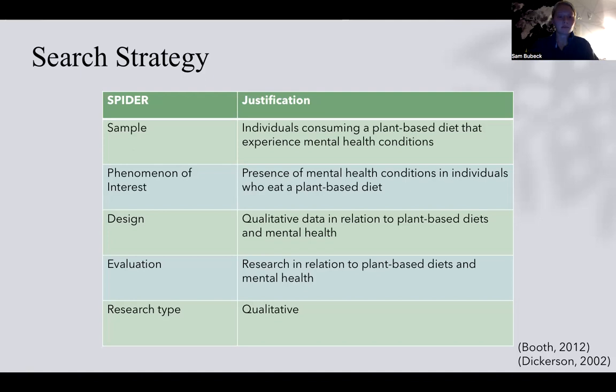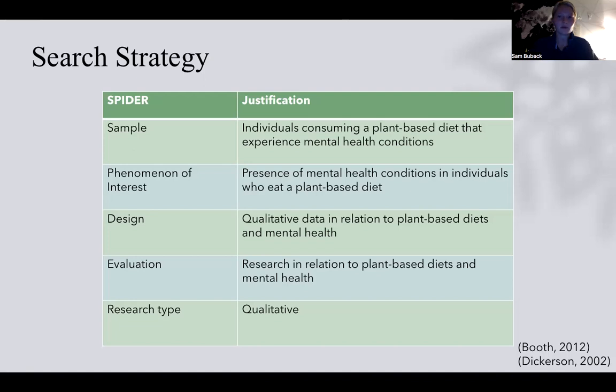The design was qualitative data in relation to plant-based diets and mental health. It wasn't exactly easy to find quantitative data for this specific topic. When we're talking mental health, that's something hard to put a number on. You can't draw someone's blood and find out their mental health status from one of their readings.